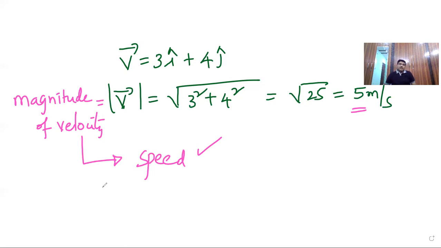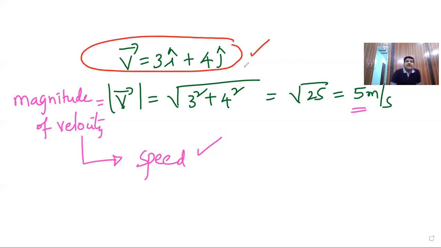Okay. So, he has asked velocity at t equal to 1 second. Speed at t equal to 1 second. But in the velocity expression, there is no time. So it is not time dependent. Hence, velocity was given in the vectorial form. This is the velocity. That was vectorial form.